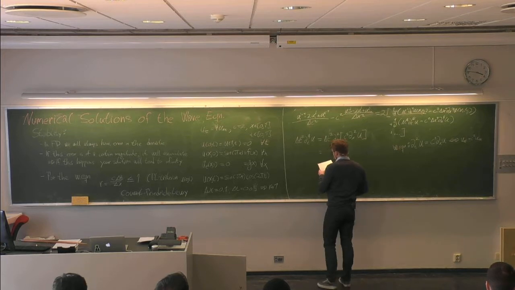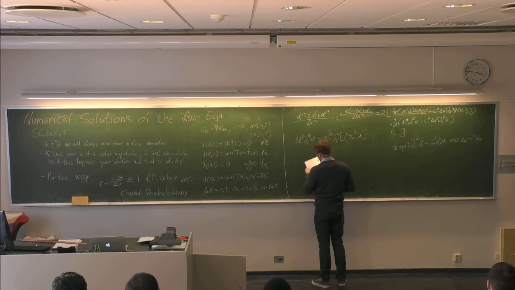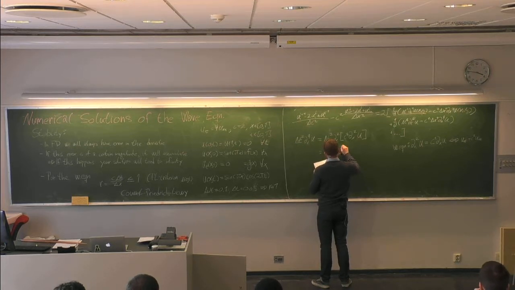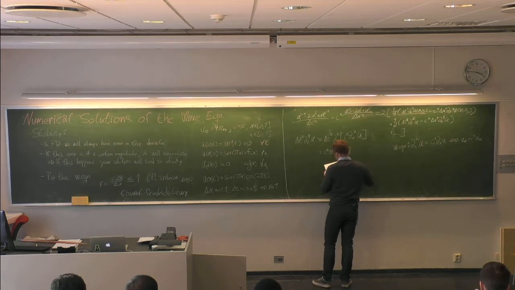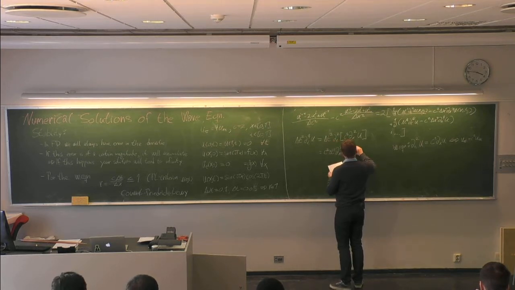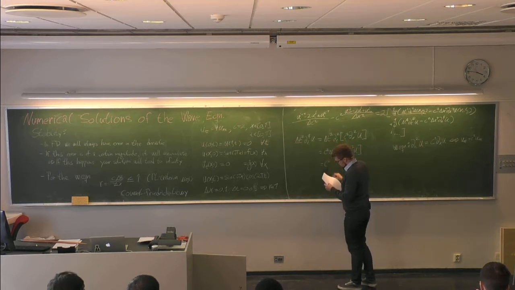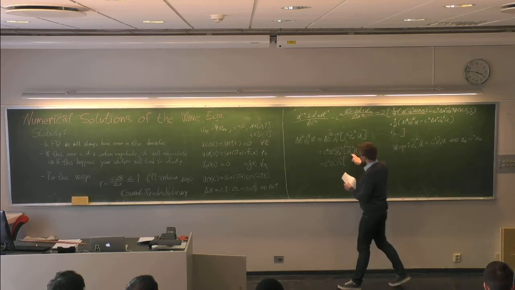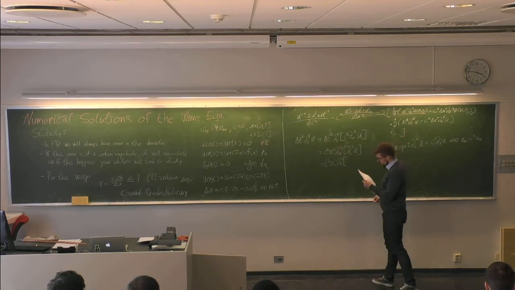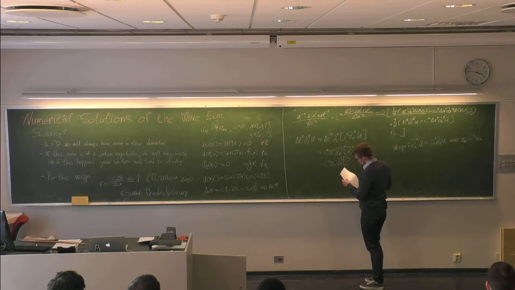So we then get c squared delta t squared dx squared, and then a new round of dt squared applied to u. We can again evaluate this by using just the wave equation, and we should end up with c squared dx squared.